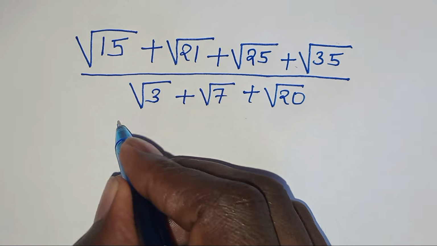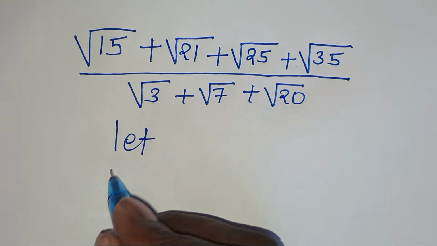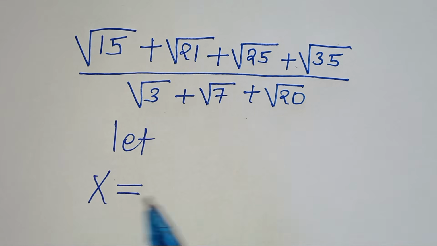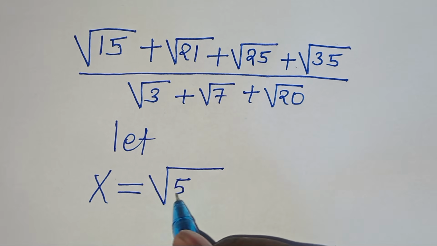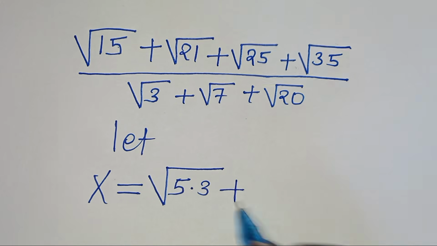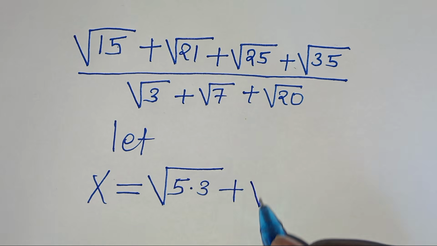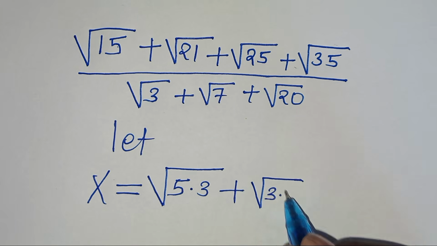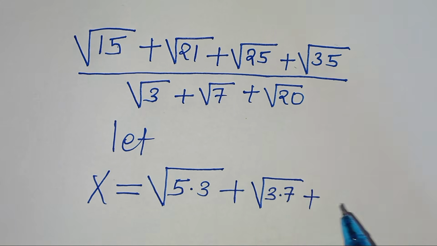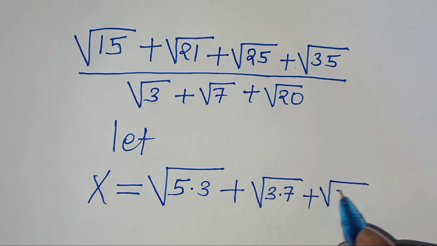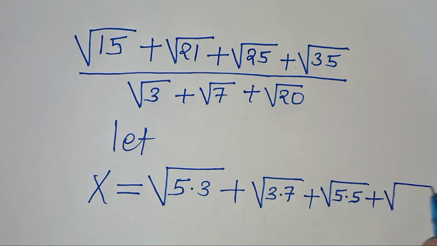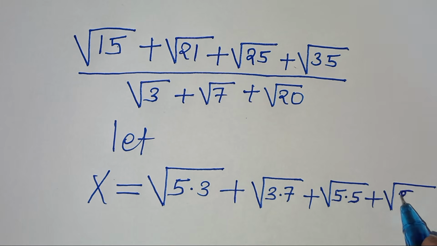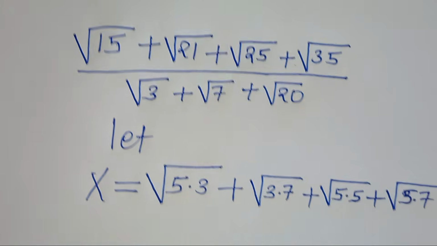The first step, we can let x be equal to the square root of 15, which we can express as the square root of 5 times 3, plus the square root of 21, which you can express as the square root of 3 multiplied by 7, plus the square root of 25, which you can express as the square root of 5 times 5, plus the square root of 35, which you can express as the square root of 5 multiplied by 7.